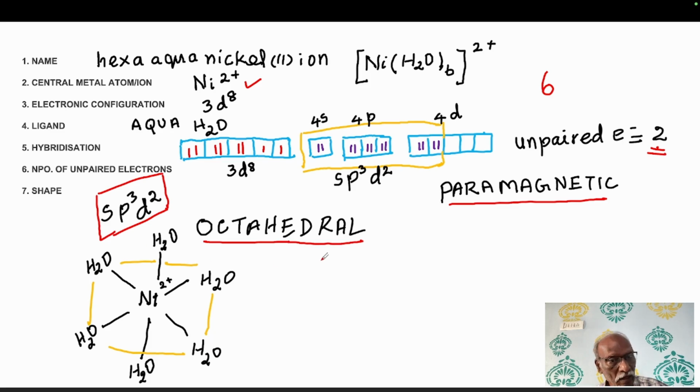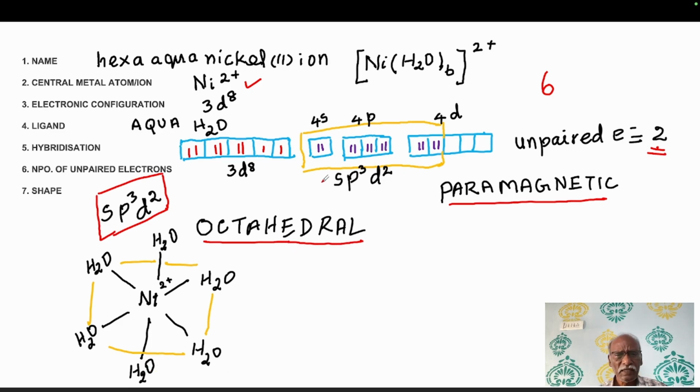In an octahedron, 6 corners are there. These 6 corners are occupied by ligands. So these 6 hybrid orbitals are projecting to the corners of the regular octahedron and giving rise to the octahedral shape.